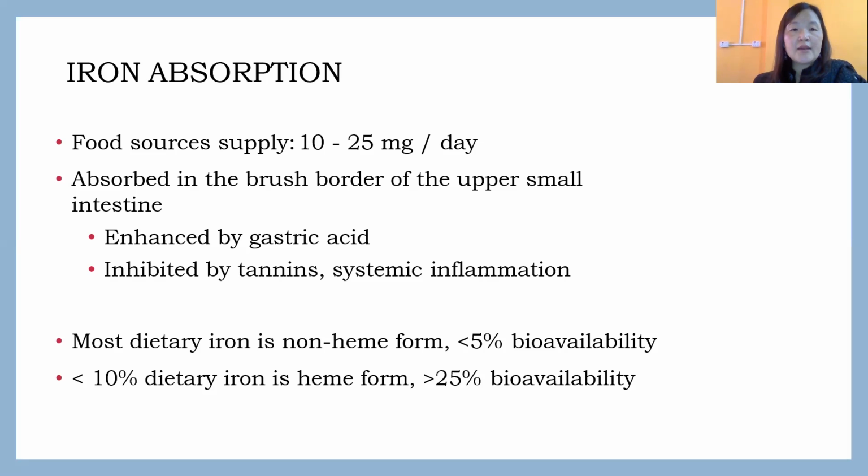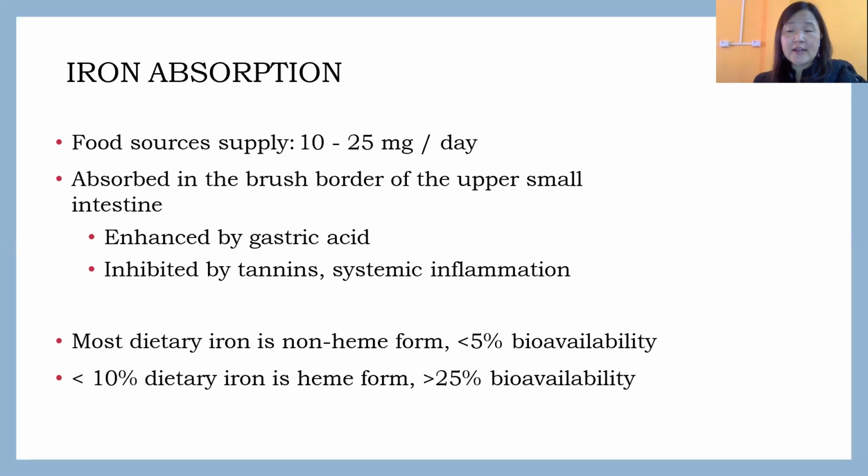So iron absorption, like the food sources which we are having: a standard Western diet contains around 10 to 25 mg of iron per day, but then the absorption is a little bit less. Absorption usually occurs in the small intestine, which is enhanced by gastric acid.